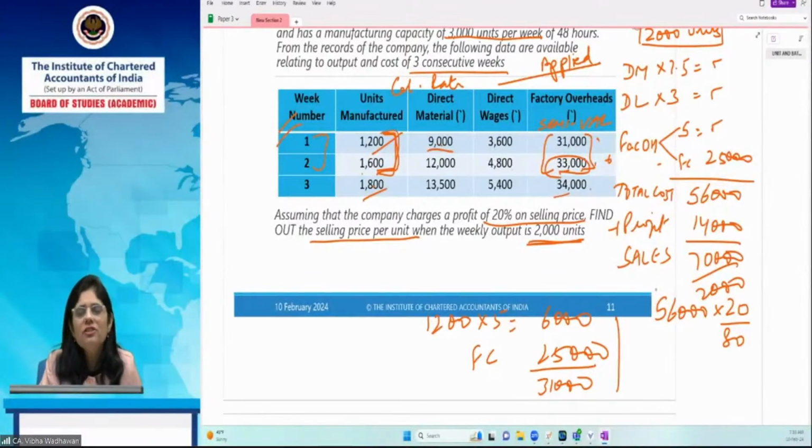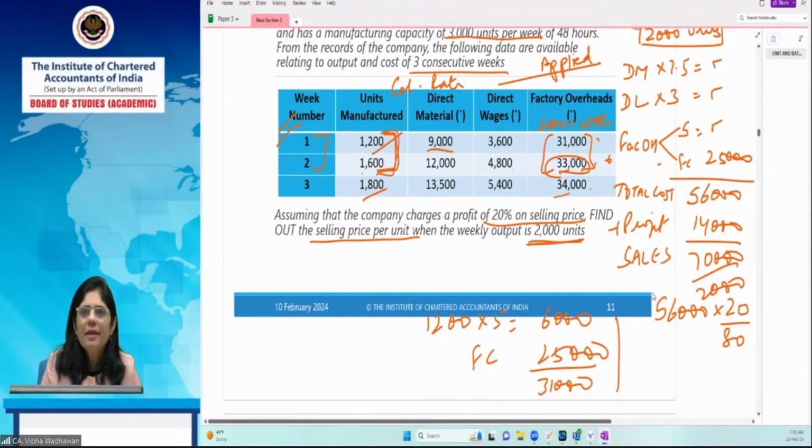In any question, semi-variable cost can come, and it should be very clear to you how we split the semi-variable overheads into fixed and variable, if we have to apply it to some product, units or costing. It's a basic concept. We have already done it in unit 1. Clear? So just revise all the methods of how we split semi-variable into variable and fixed.